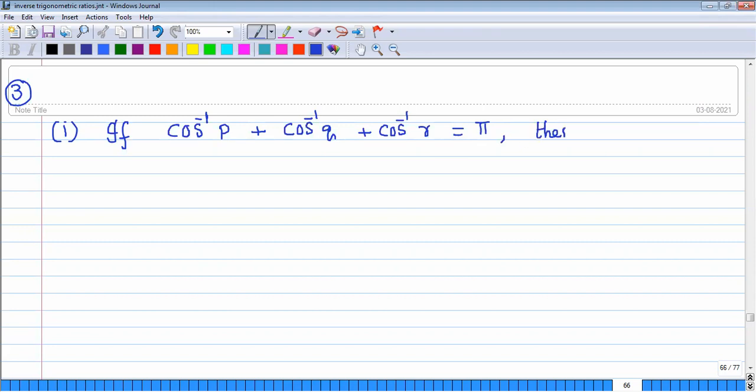Then prove that P square plus Q square plus R square plus 2PQR equals 1. And that we need to prove.